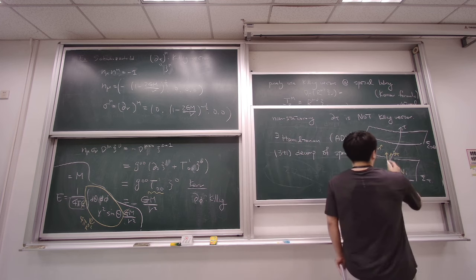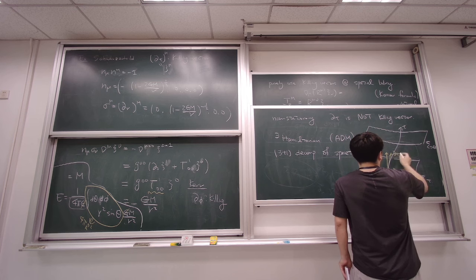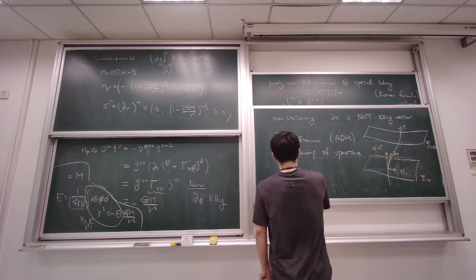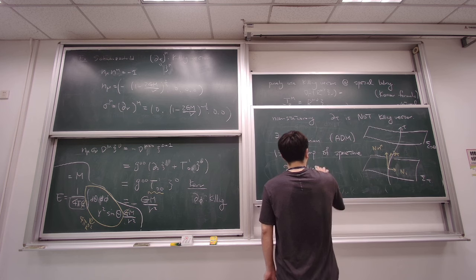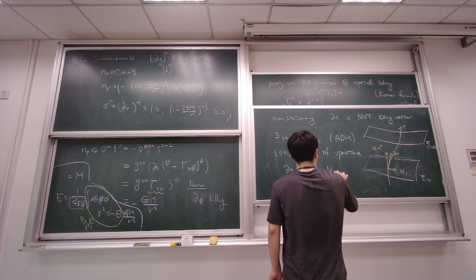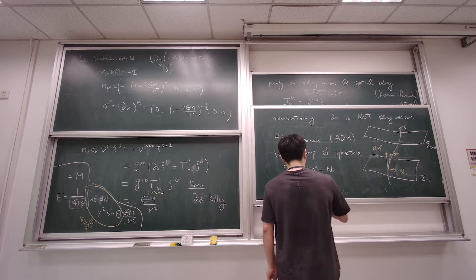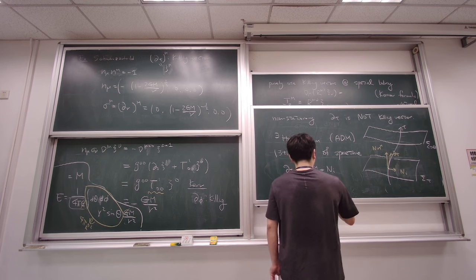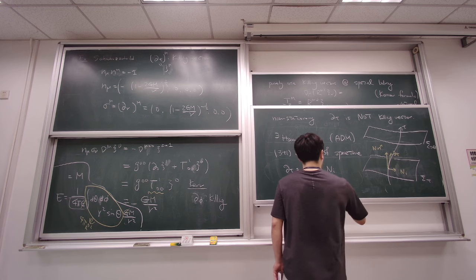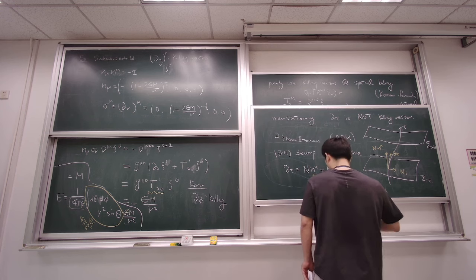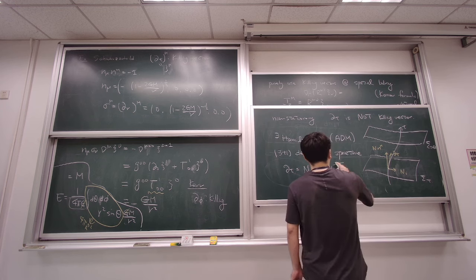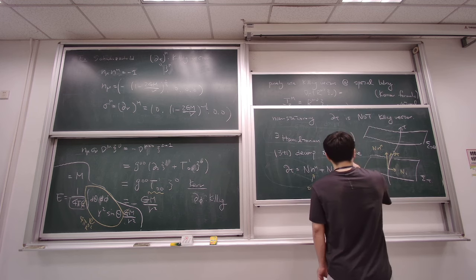So del T is equal to small n n mu plus n I. So this is the normal to sigma, and this is the other spatial basis.